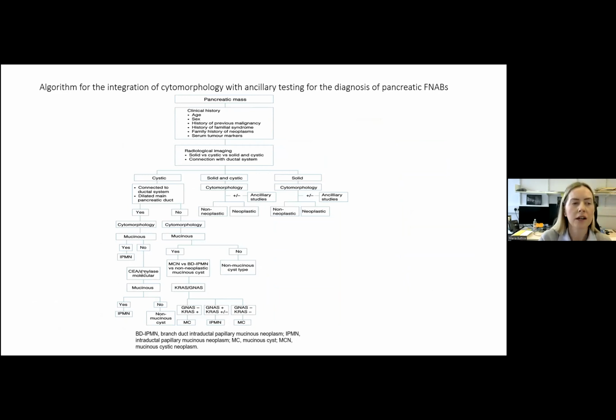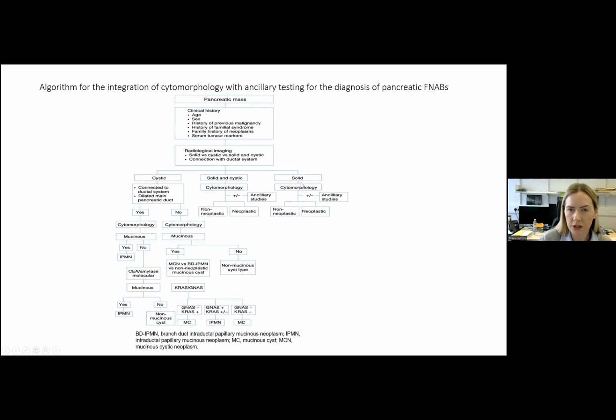This flowchart nicely shows, as I've said, the importance of correlating clinically and also radiologically before we assess a pancreatic cytology specimen. And essentially, for simplistic purposes, I divide pancreatic lesions into three main types. The first type is the solid lesion, and your solid lesion commonly can be divided into ductal, which is by far the most common, and non-ductal lesions.